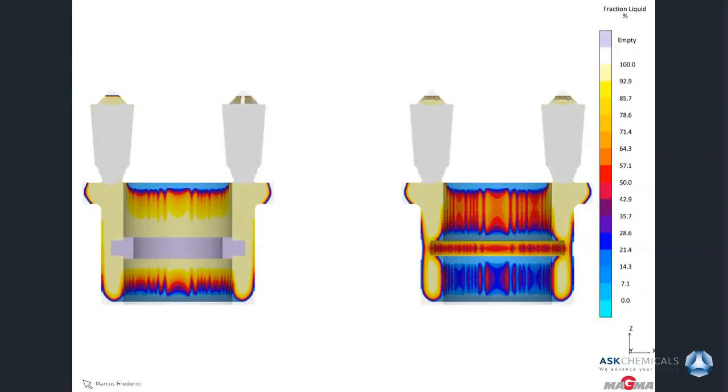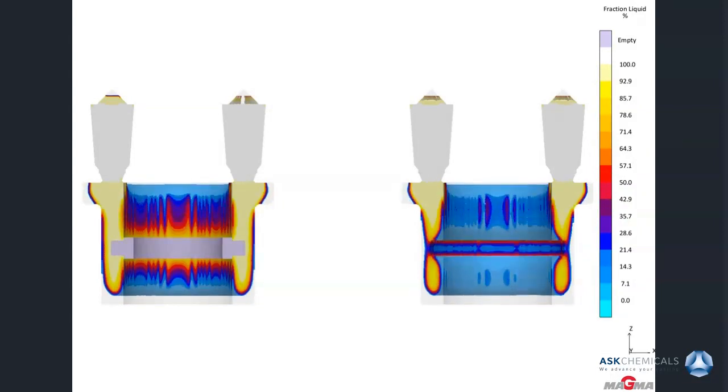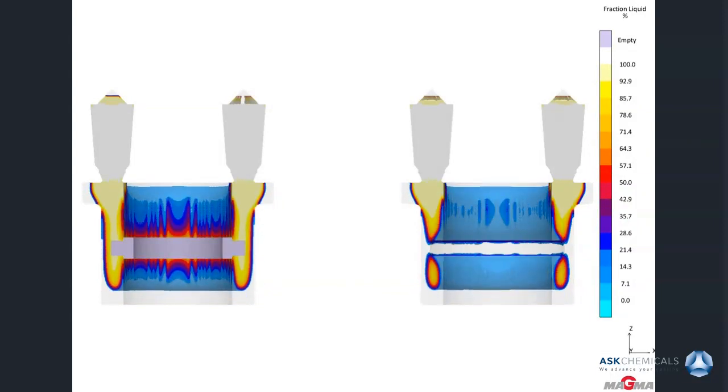And we compare again, on the left side with padding, on the right side without. And what you can see very clearly is, as we estimated, on the right-hand side, the solidification is dividing into 2 areas, which are solidifying separately, in an upper part and in a lower part.